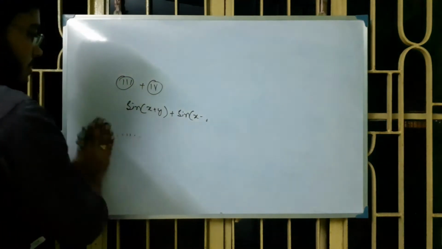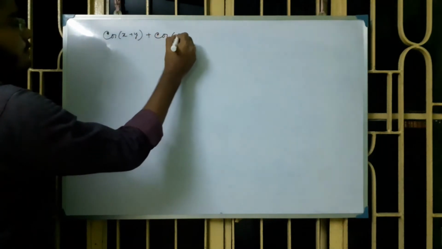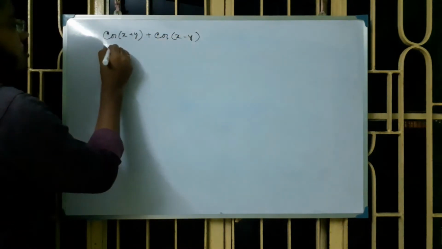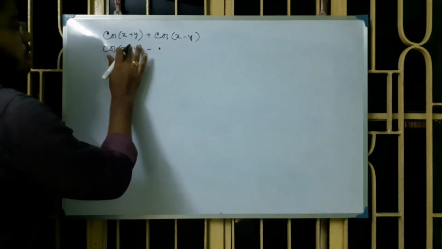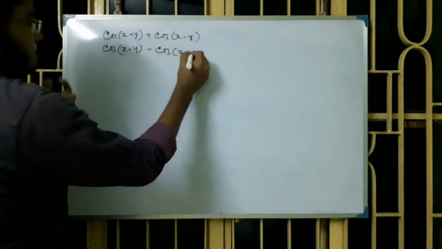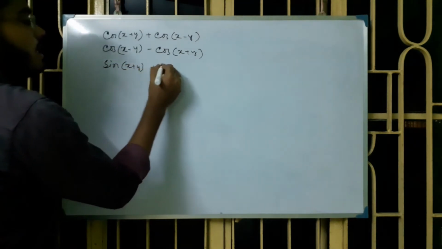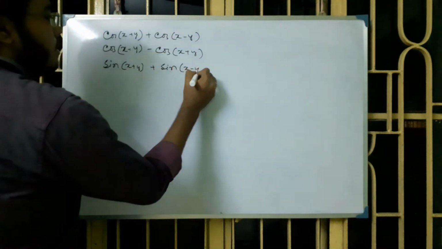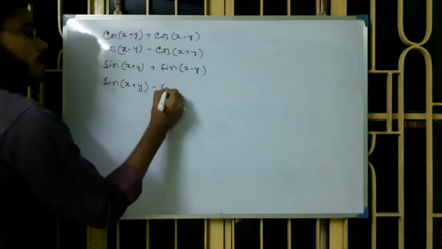Now, just summarizing the thing we have learned. Cos of (x+y) plus cos of (x−y); cos of (x−y) minus cos of (x+y); sin(x+y) plus sin(x−y); and sin(x+y) minus sin(x−y).